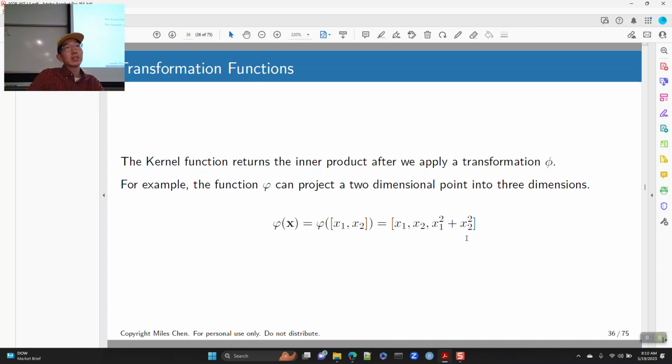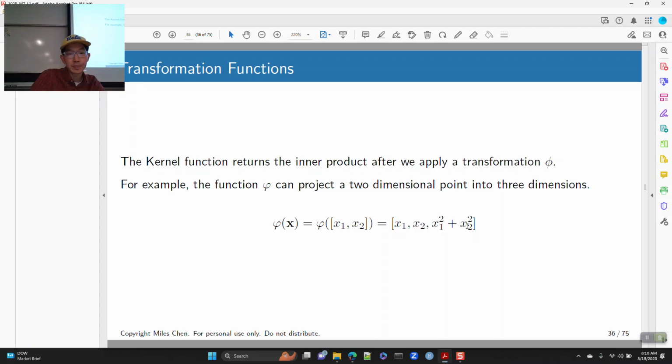We have our x1 and x2 coordinate, and then we have some kind of rule to project it into a third dimension. Our third dimension will just be x1 squared plus x2 squared. That's fairly simple, but this will now project our values into 3-dimensional space.